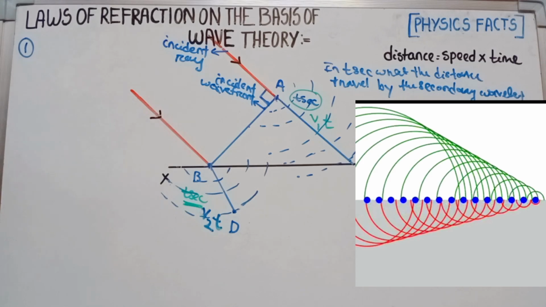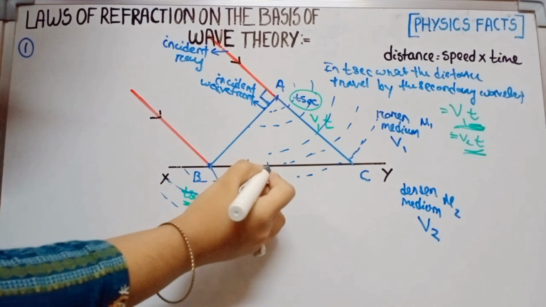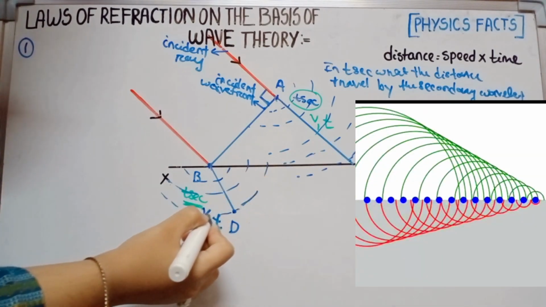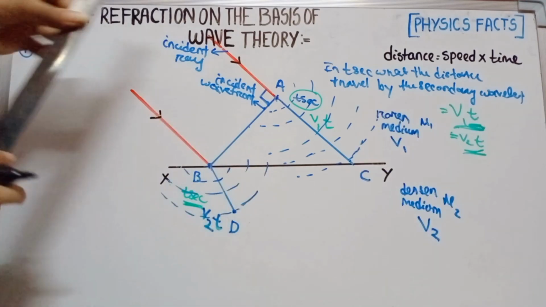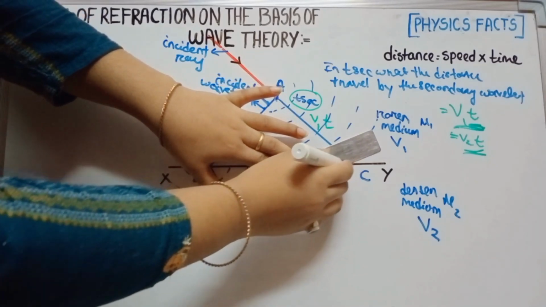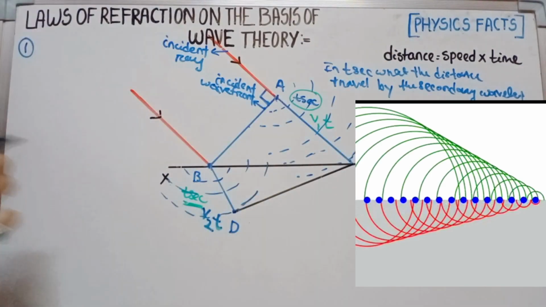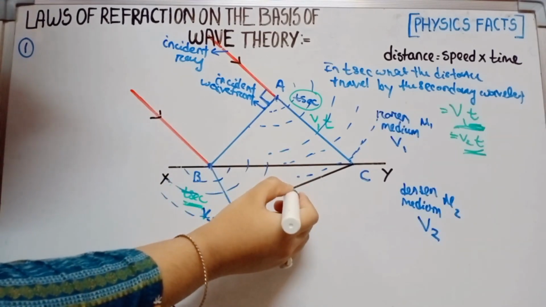Now we know that if we draw a tangent over the secondary wavelets, it gives us the secondary wavefront. So we draw the tangent. This tangent gives us the secondary wavefront, which we call the refracted wavefront.